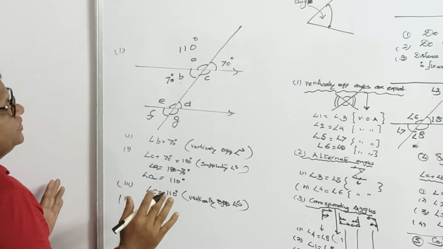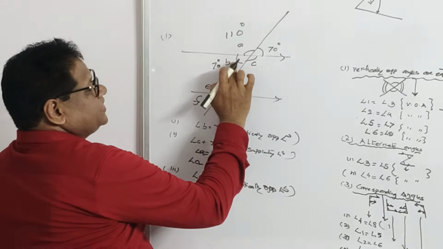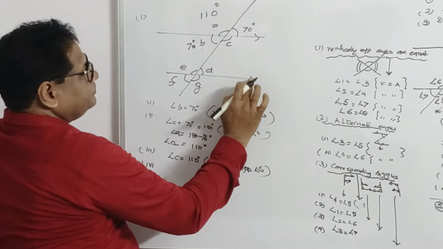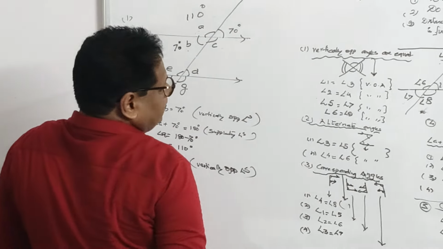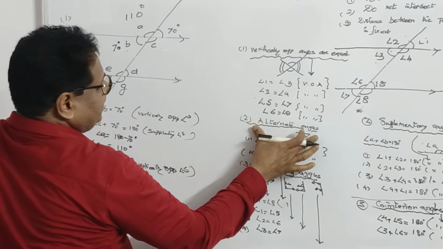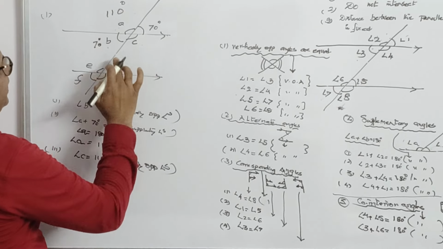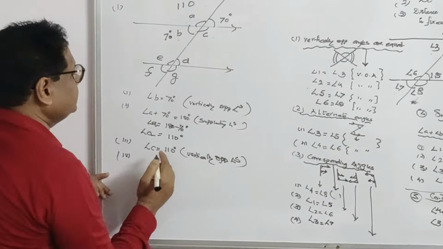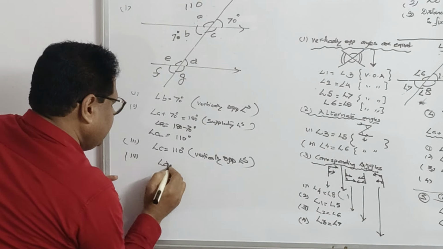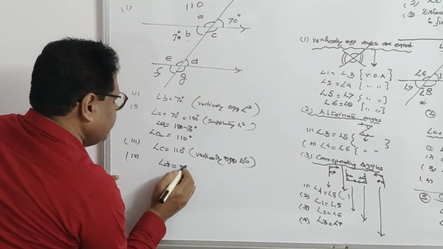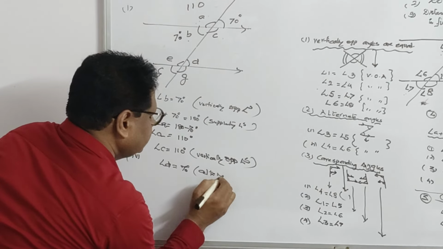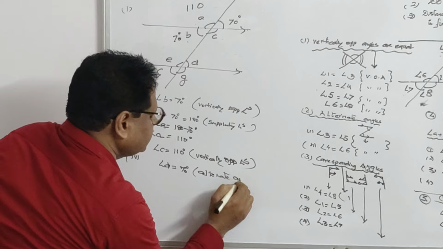For this, we can say the easiest observation, these two are alternate angles, Z shaped, as per the second property discussed over here. You can observe angle B and D are alternate angles because this is representing the Z alphabet. So can we write angle D equals 70 degrees? Reason, alternate angles.